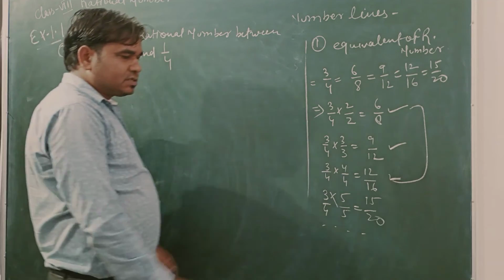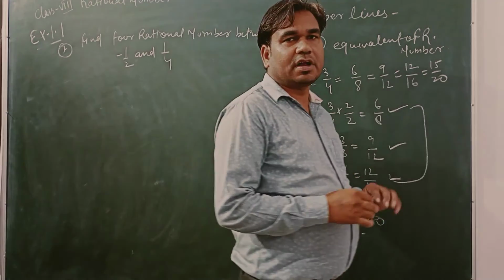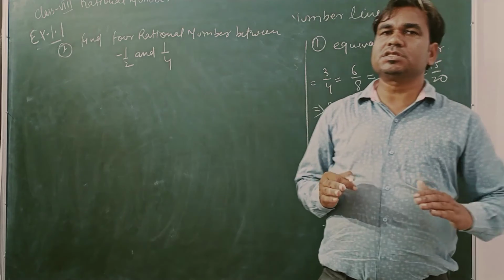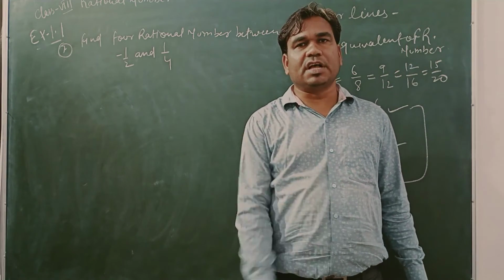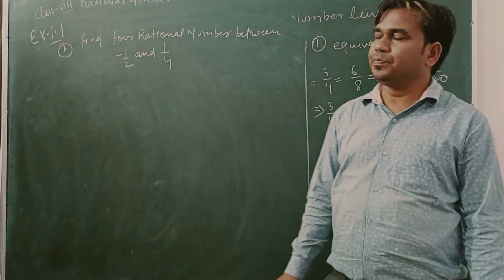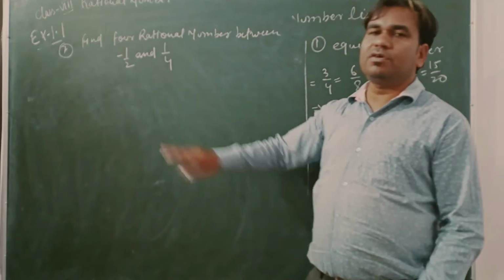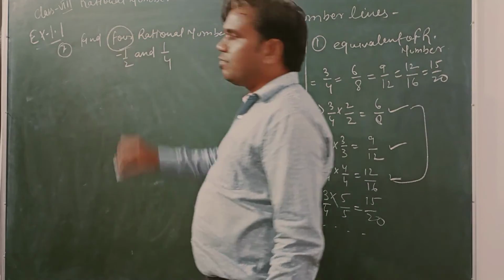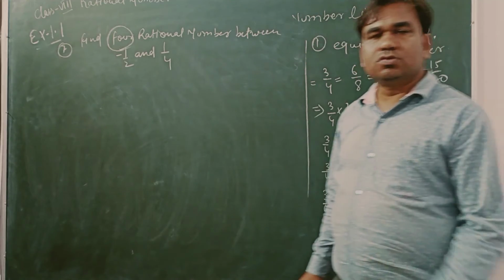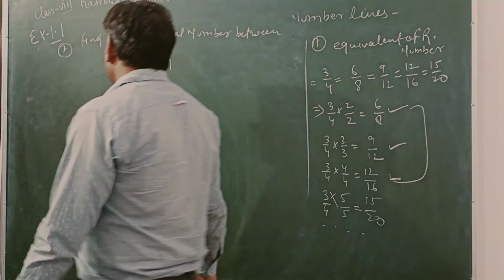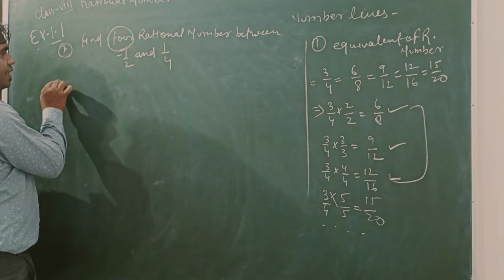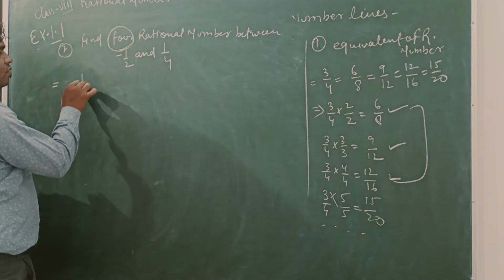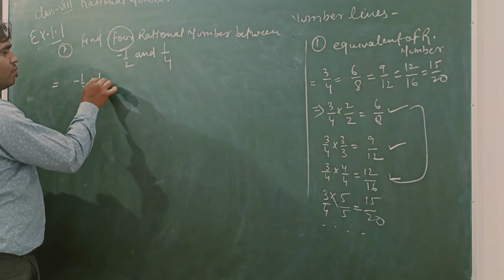So students, when 2 rational numbers are given, this is the question always asked in your exam. So we have to find out how many numbers are given here. So here we find the 4 numbers. The way of solving this kind of question is here. This is minus 1 over 2 plus 1 over 4.